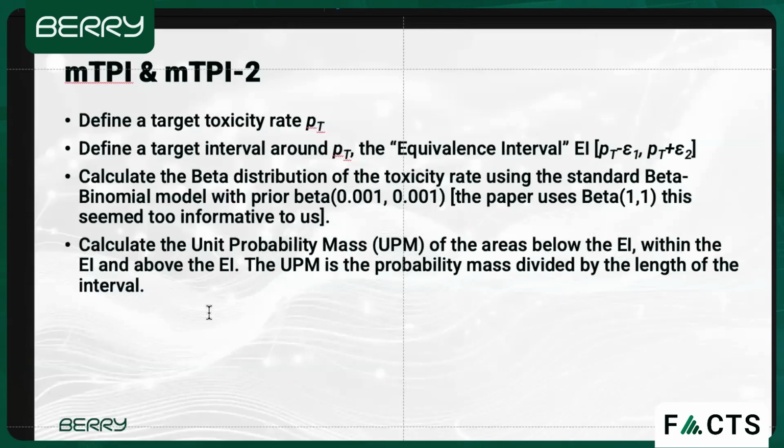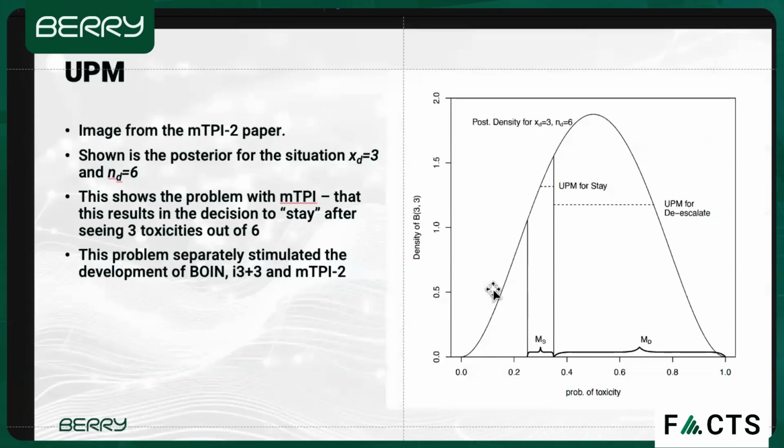What they then do is calculate what they call the unit probability mass of the areas below the beta distribution, in the ranges below the EI, within the EI, and above the EI. And the unit probability mass is the probability mass of the beta distribution in that area divided by the length of the interval. I think we have a picture to show that.